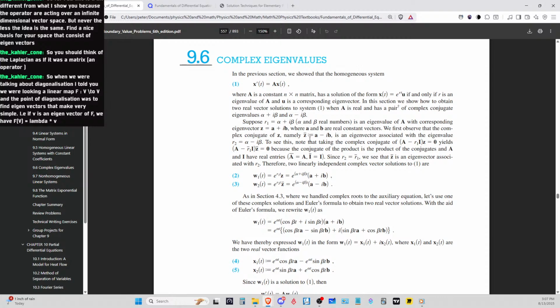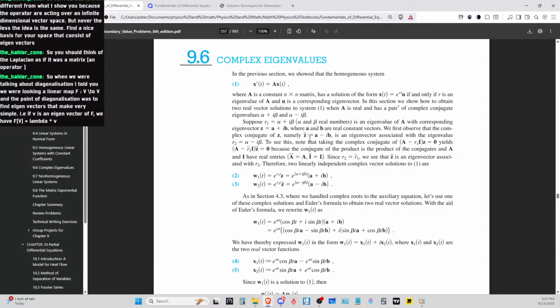So when we were talking about diagonalization, I told you that we were looking for a linear map F from V to V, and the point of diagonalization was to find the eigenvectors that make it very simple. I.e., if v is an eigenvector of F, we have F of v equal to lambda star v.